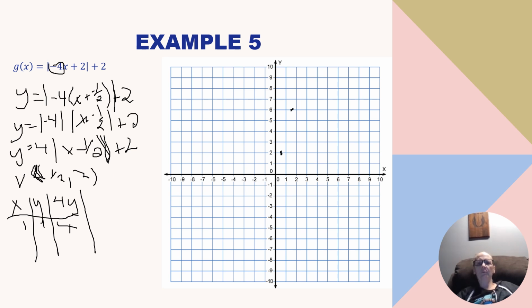Same thing over here, 1 value over, 4 values up. So very, very skinny. This is a vertical stretch. And let's see, could I go another 1 and another 4? I can. So I'll go 1 more over, 4 more up, and 1 more over, 4 more up.